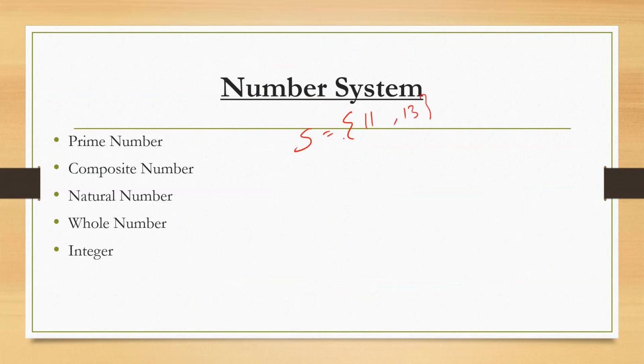If I say S is any set which is greater than 11 and less than 13, and then in the question if I say S is a unique integer, what will be the value of S here? Then if in the statement I say S is greater than 11 and S is less than 13, and I am saying S is a unique integer, what will be the value of S?